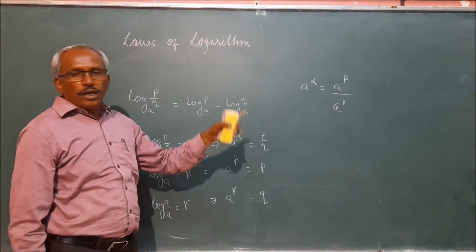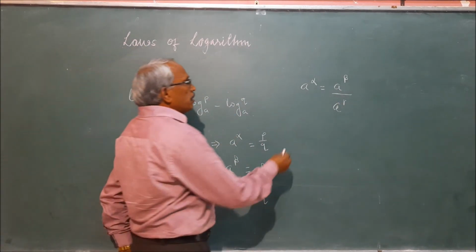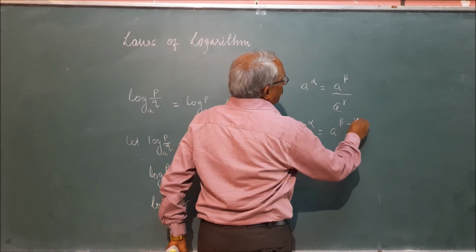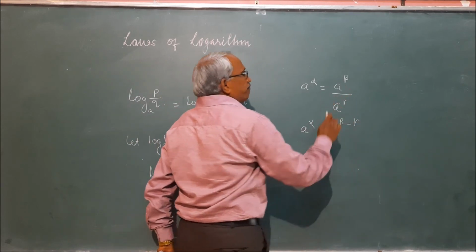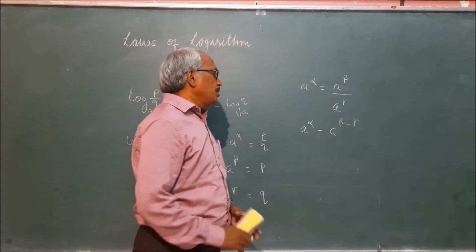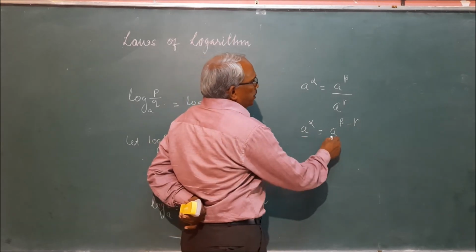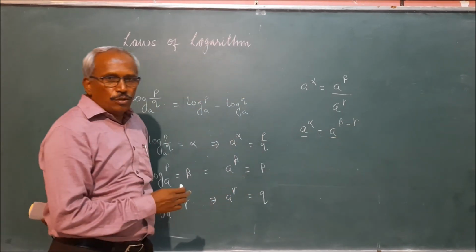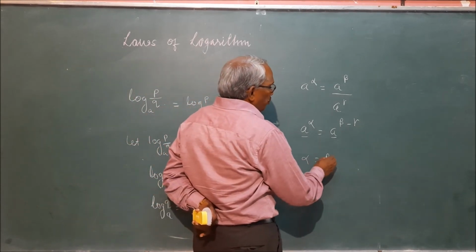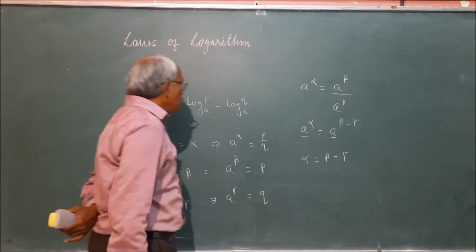So again use here laws of indices. A raised to alpha is equal to A raised to beta minus gamma. So using laws of exponents, again here the base is the same, the equality sign is there, so the exponents will be the same. Alpha is equal to beta minus gamma. What is alpha here again?